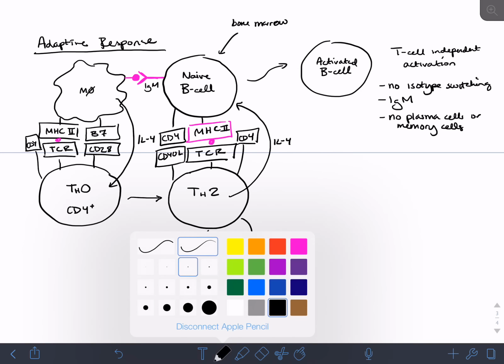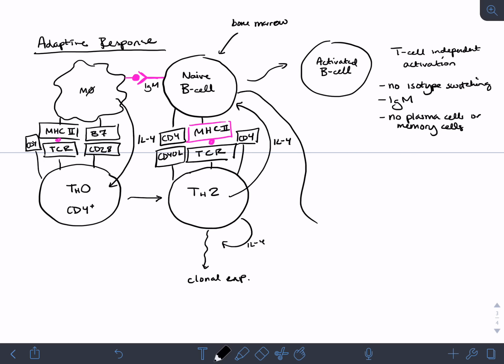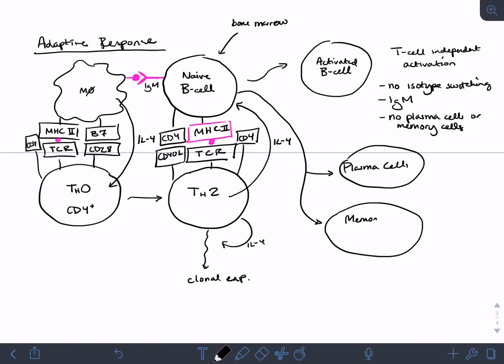So then your B cell can become either plasma cells or memory cells. Actually, let me draw the memory cells on the top because I don't need to talk much more about them.